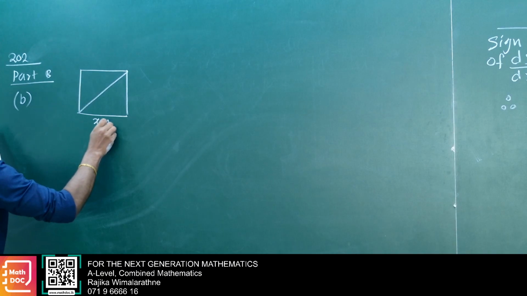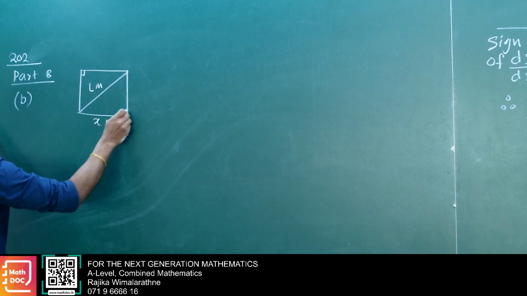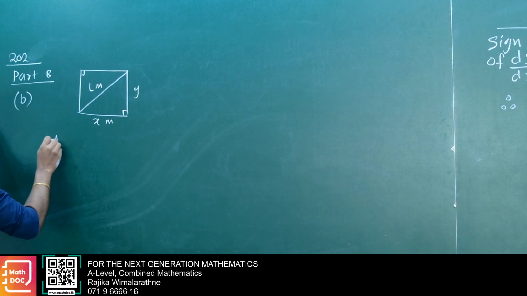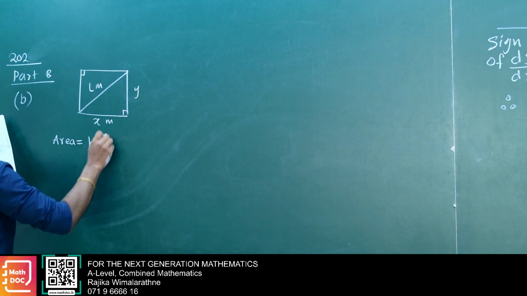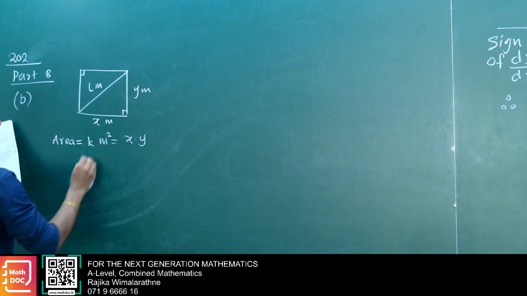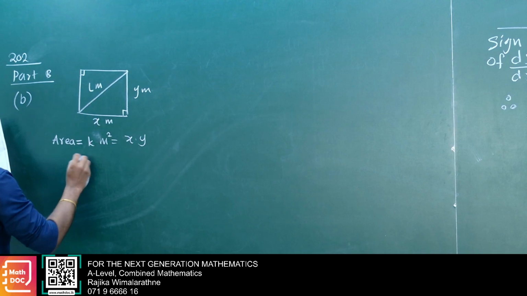Here x in meters, here capital L in meters, here rectangular shape, no? Take here y. Then area K square meters equals x times y.